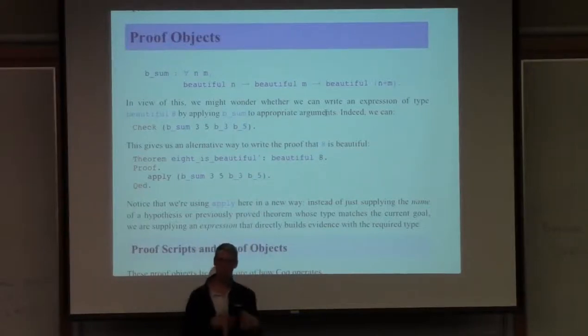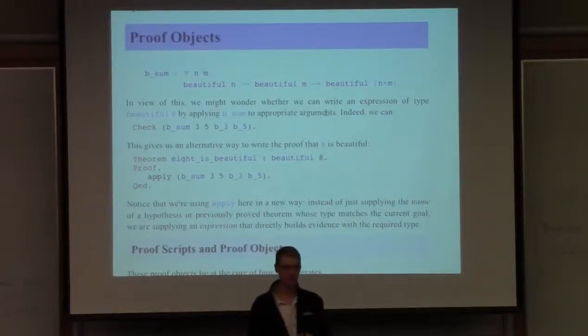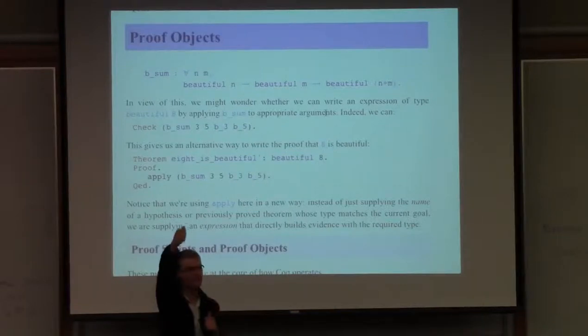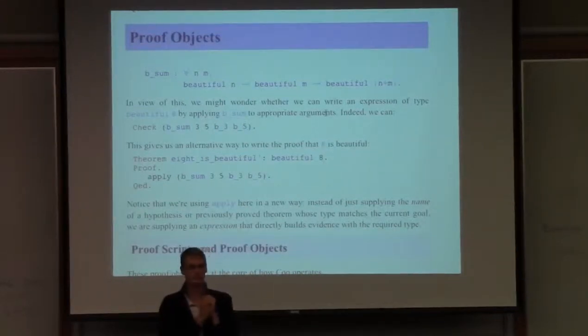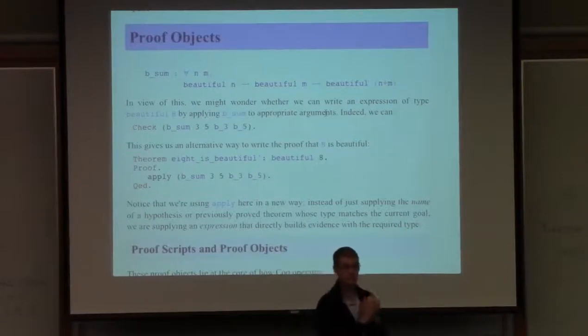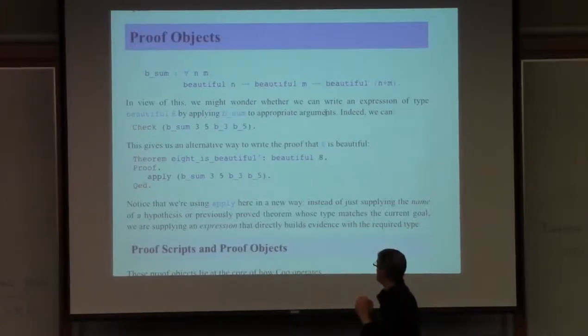Okay, so this is showing that apply is even a little bit more general than what I've said. Instead of applying a named thing, we can also apply an anonymous thing that we've constructed right here, as long as it has the right type. Do you think Coq would infer 3 and 5 here? Coq might, in fact, infer 3 and 5 here.